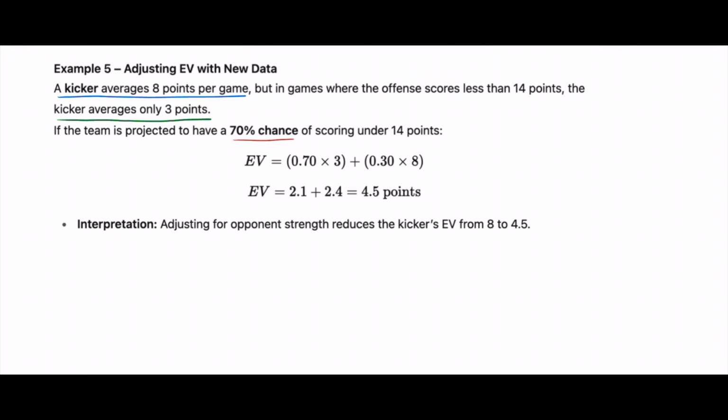Because 70% of the time our new data is that the team is scoring under 14 points. So we'd have 0.7 times 3 plus 0.3 times 8. We know 0.7 times 3 gives us 2.1, 0.3 times 8 gives us 2.4. We have to add these values up. That gives us 4.5. So our interpretation here is adjusting for the opponent's strength reduces the kicker's expected value from 8 to 4.5. And this is useful because a lot of times there is new information. So something to take note of.